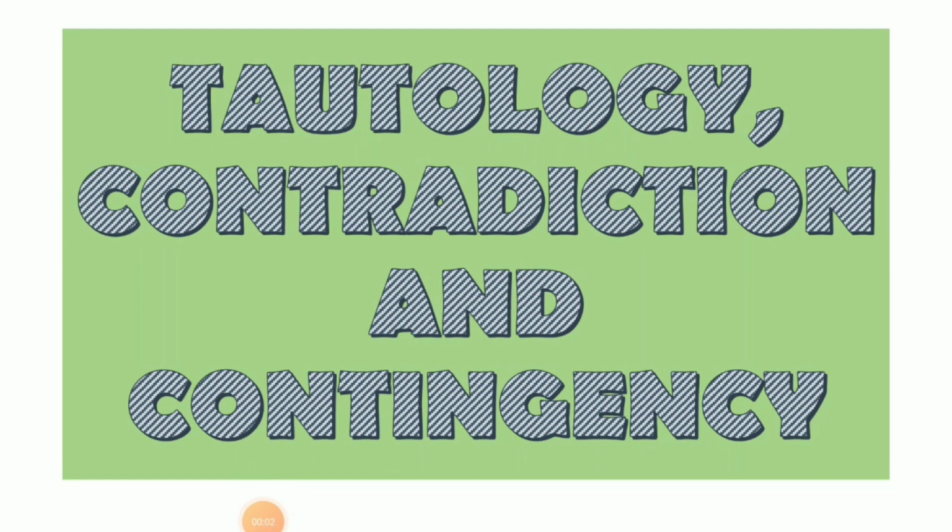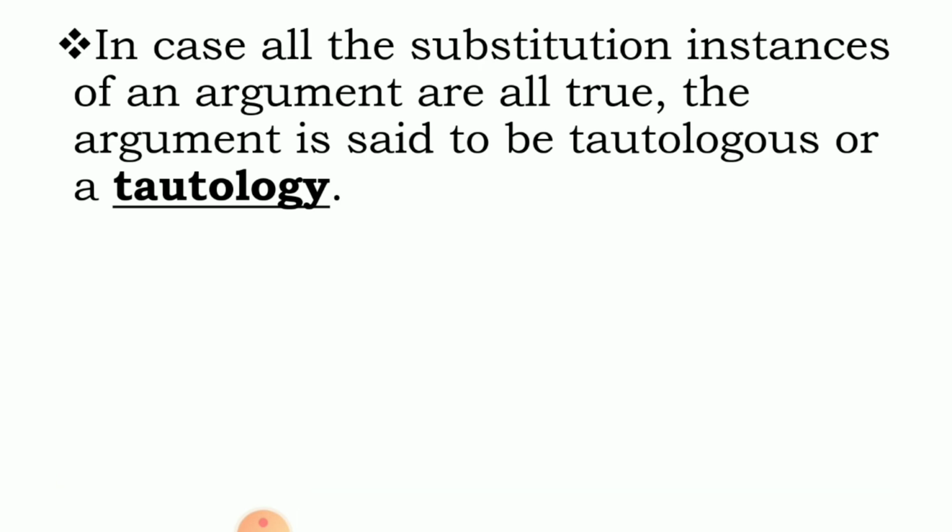And let us discuss the concept of tautology, contradiction, and contingency. In case all the substitution instances of an argument are all true, the argument is said to be tautologous or tautology. It means that if the truth values are all true, then that is tautology.